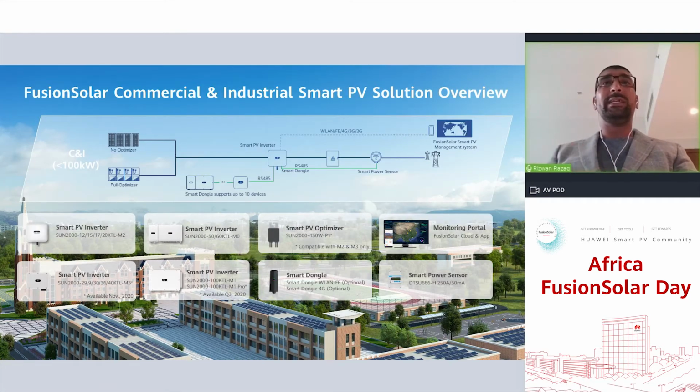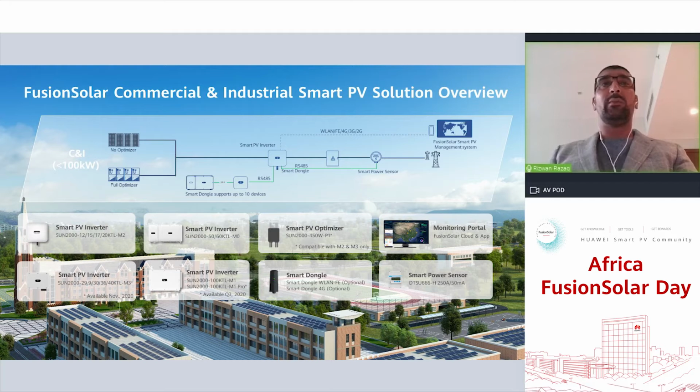So in reference to the CNI applications, here is an overview of the solutions provided by Huawei and the product ranges that are available. With the CNI applications, you are able to use a full optimizer solution if you wish to do so, or alternatively, for the larger applications, if you don't intend to use an optimizer, that can also be applied on the system without optimizers.